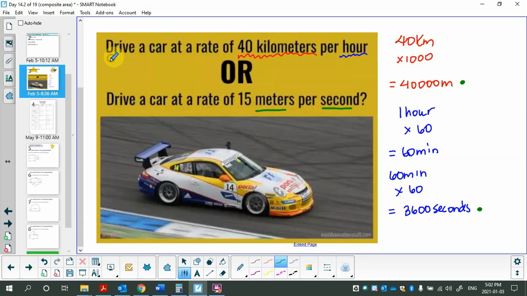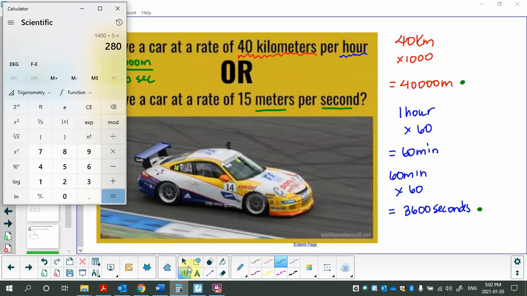So what I need to do is take 40,000 meters and divide it by 3,600 seconds.